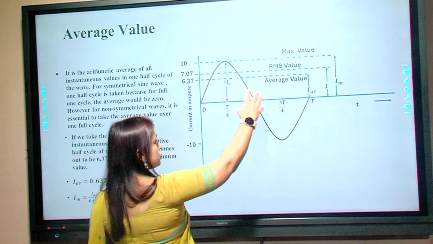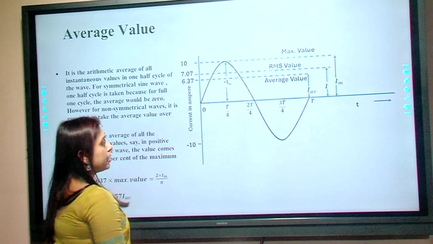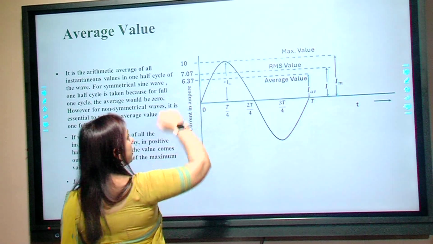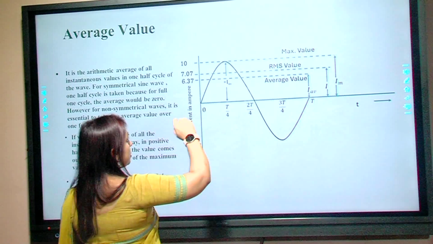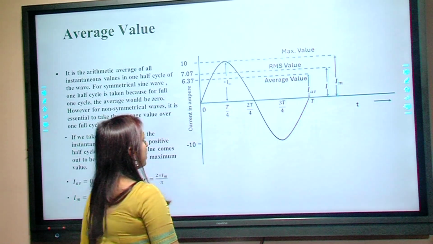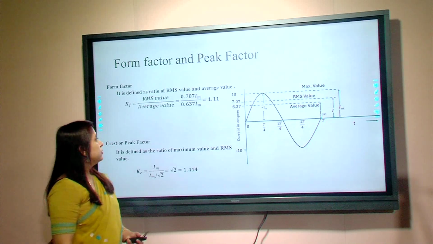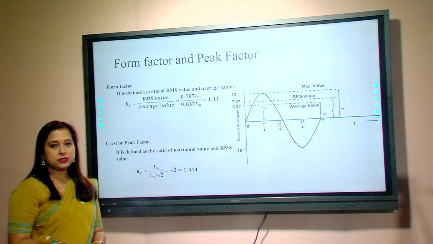In this sinusoidal wave, we can see the relations between maximum value, RMS value and average value. Here the maximum value is 10, its RMS value is 7.07 and its average value is 6.37.